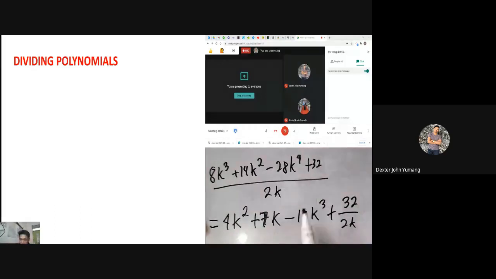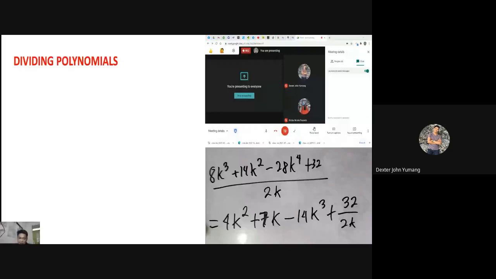Okay? Which one is better? The first solving or the second solving? Kung kayo ang sasagot, anong pipiliin nyo? Yung first or second? Second daw po. So, kung ako naman ang tatanungin, second din po ang pipiliin ko.